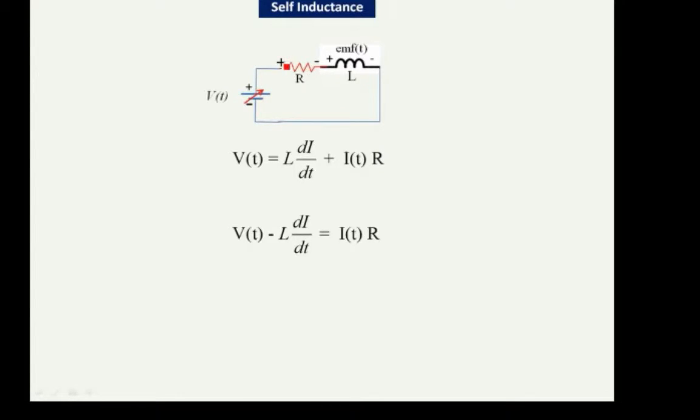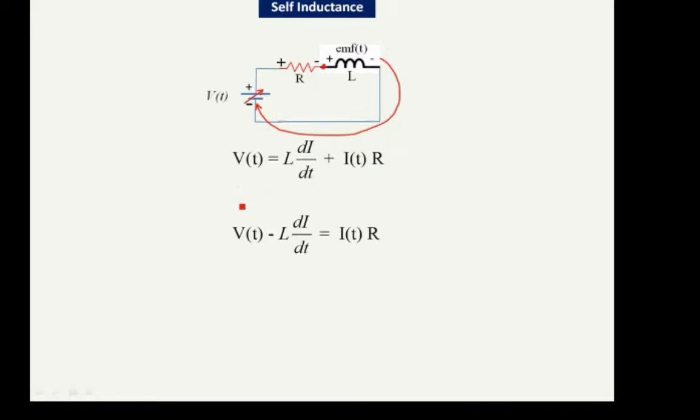This part of the resistor is exactly this potential, so we put a plus here. The potential drops as we go through the resistor, and then because of the EMF opposing this potential, we have a plus and a minus. Now realize this is at the same potential, but the change going from here to here is from plus to minus. And then we come back to the minus terminal here.